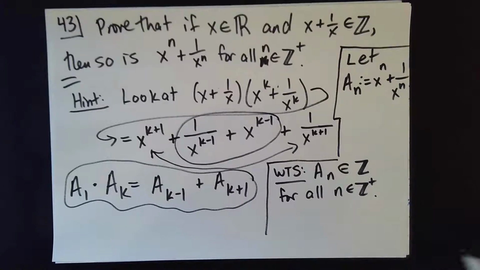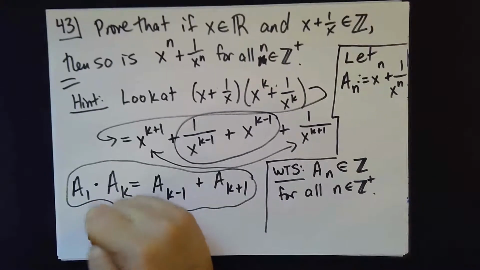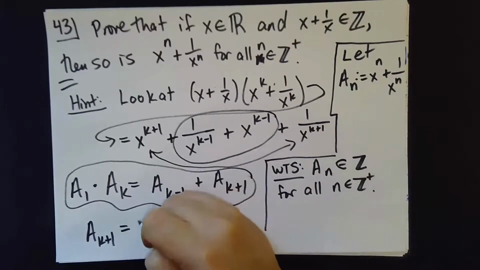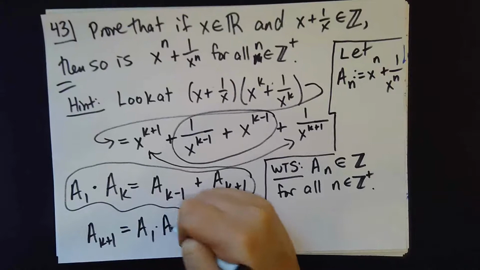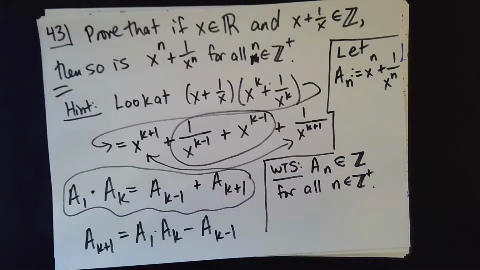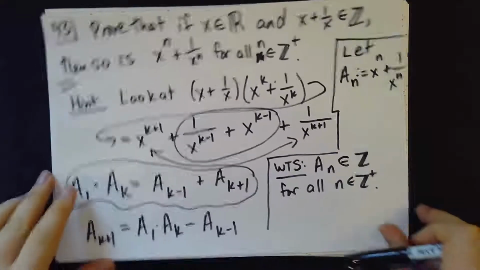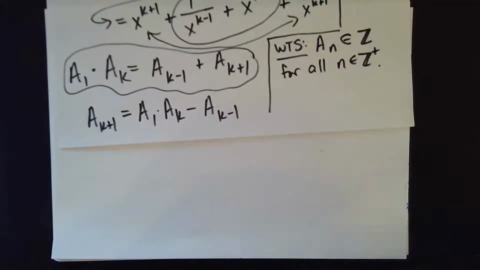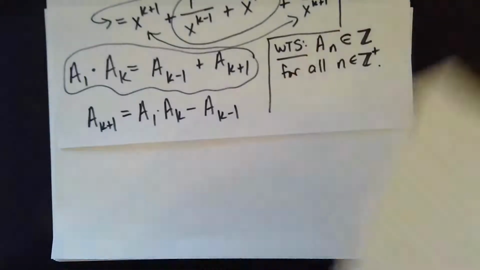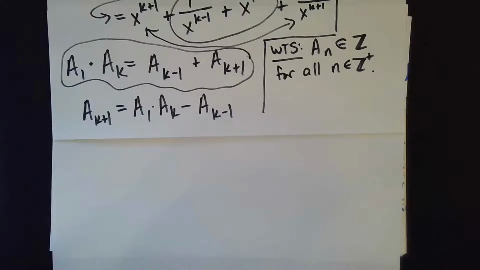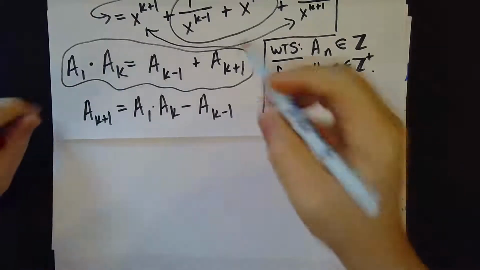Probably the most helpful way to write this is a sub k plus 1 is equal to a sub 1 times a sub k minus a sub k minus 1. And so here's the key.